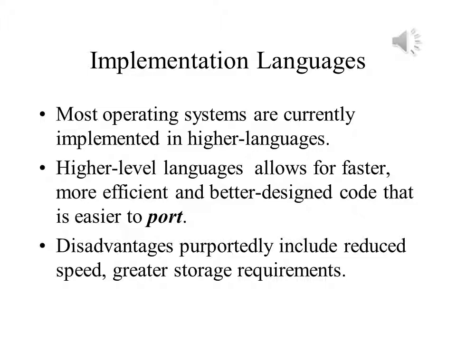Originally, operating systems were all written in assembly language, because only assembly language gave the programmer all the features that they needed in order to implement an operating system. But this is no longer the case. The first operating system written in a higher level language was Burroughs' MCP, or Master Control Program.